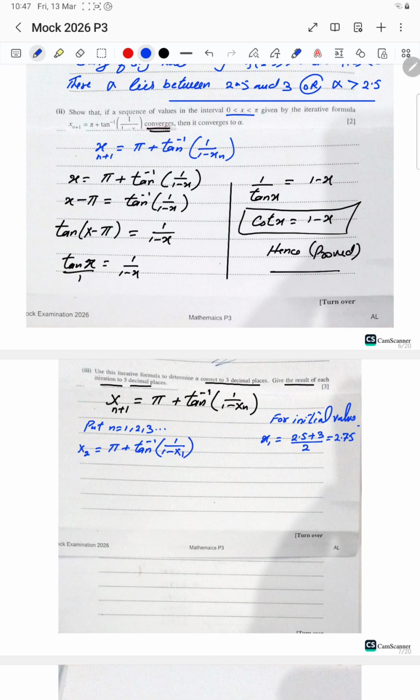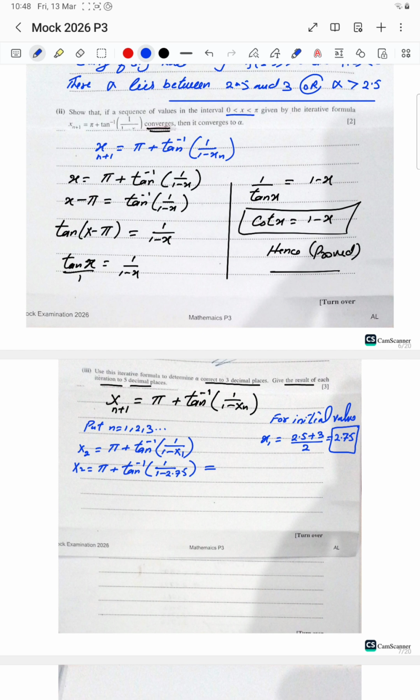And x1 is 2.75, which I have calculated. So x2 will be pi plus tan inverse of 1 over 1 minus 2.75. Again, do change the calculator mode to radian. We will solve this and finish up to 5 decimal places, as it says.